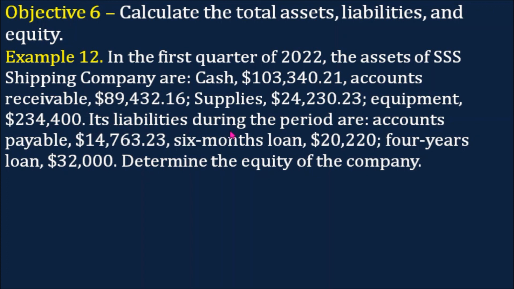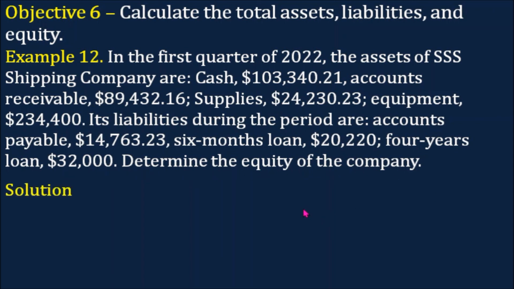Its liabilities during the period are accounts payable $14,763.23, 6 months loan $20,220, 4 years loan $32,000. Determine the equity of the company.